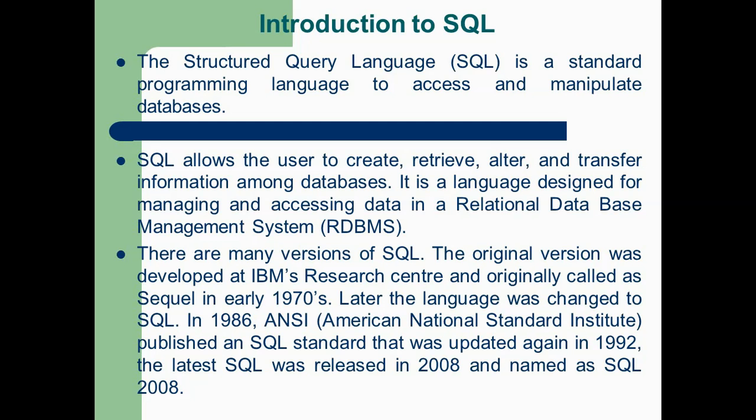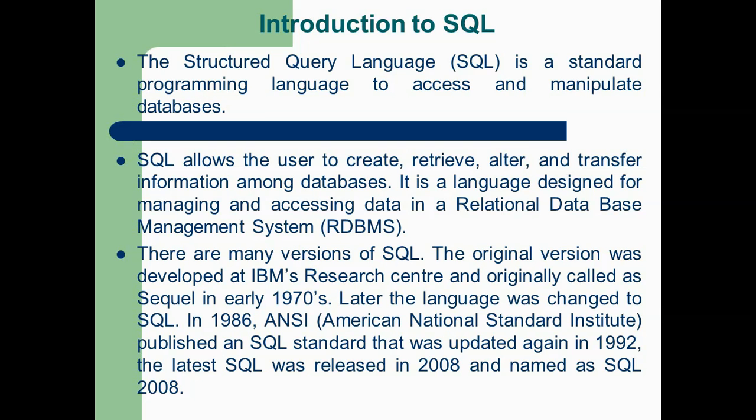Because it is called a language, we can give instructions and write database-oriented programs by using SQL. That's why SQL is called a language. It is also designed for managing and accessing data in a relational database management system. Next, there are many versions of SQL. The original version was introduced at IBM in the 1970s.